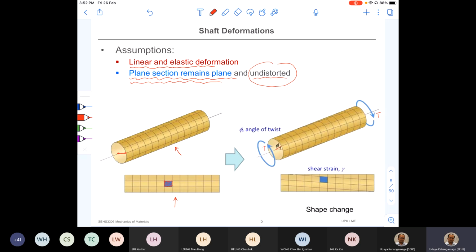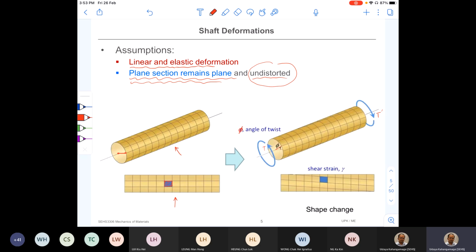Right? T. Maybe I'll make it T prime to show that the direction is different. Then what is going to happen? That red line I have drawn is now going to shift to a new location. With respect to the original position, it is going to create an angle, and that angle is denoted by the letter phi, and it is called the angle of twist.